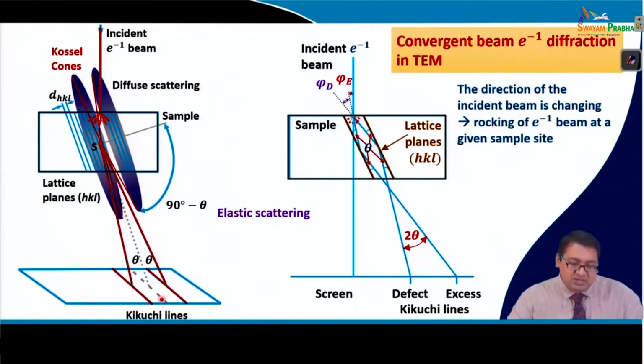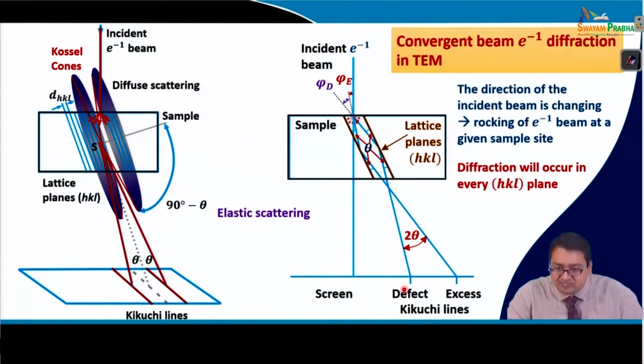Kikuchi bands are basically two lines. One line is inside, near the incident beam, and another line is outside. The outside line is called the excess Kikuchi line because it is brighter, and the inside line is called the defect Kikuchi line because it is darker, as its intensity is lower.